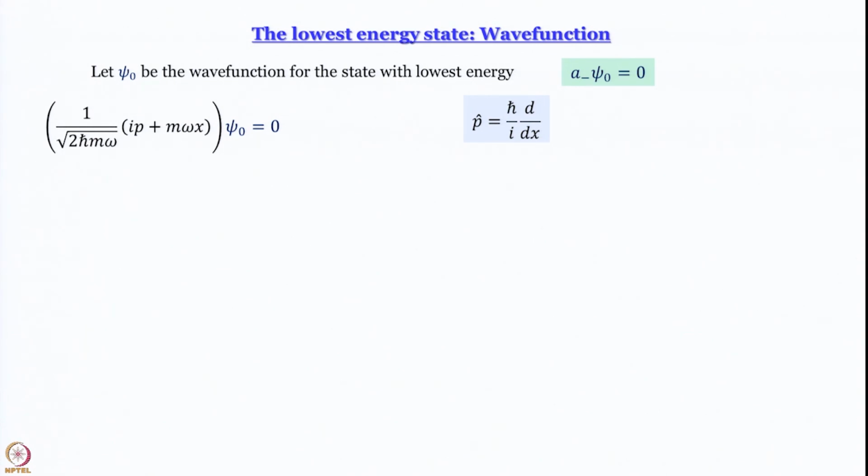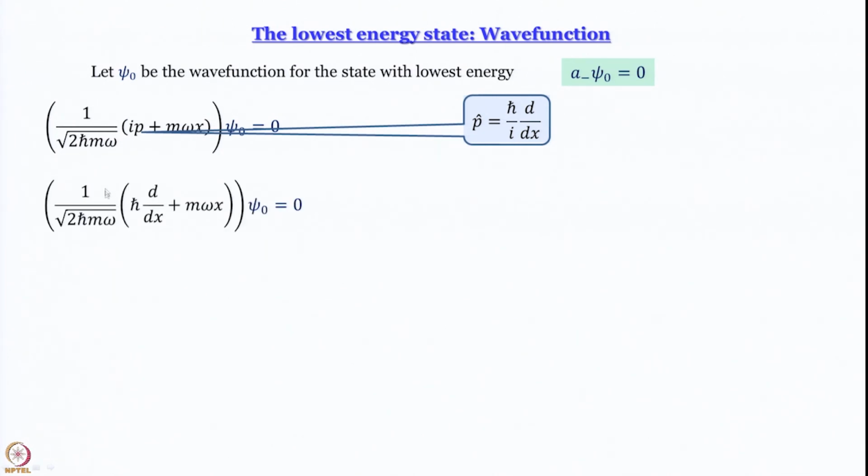We are somehow trying to find what psi 0 is. To do that, we need to set up some equation in psi 0. That becomes easy when we take this expression for the momentum operator, h cross by i d dx, plug it into the expression for A minus, and we get 1 by root over 2 h cross m omega multiplied by h cross d dx plus m omega x, acting on psi 0, equal to 0.